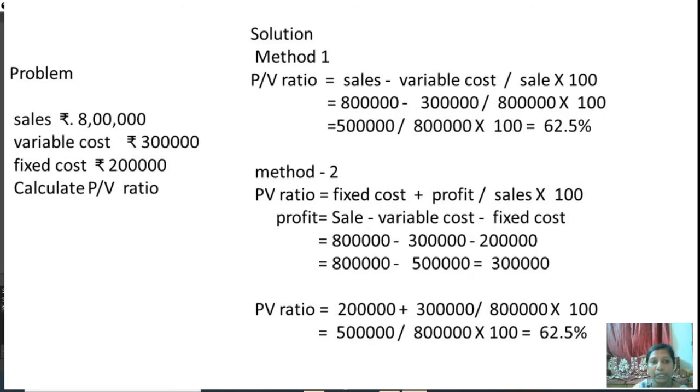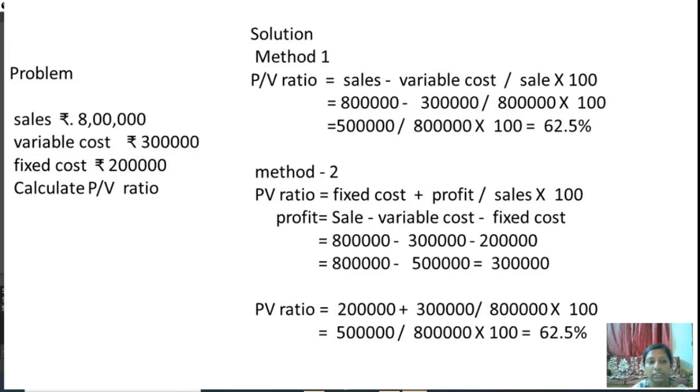The first method. Here I am using the formula PV ratio equals sales minus variable cost divided by sales into 100. In the problem, the information about the sales and variable cost is given. Using both, in the first method, we calculate the PV ratio.